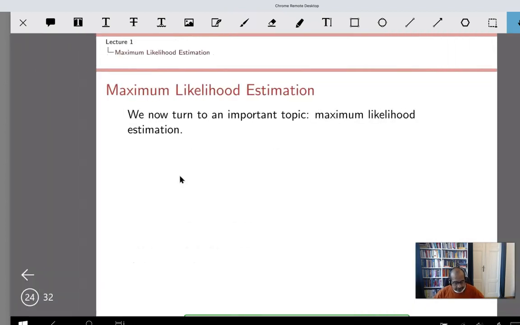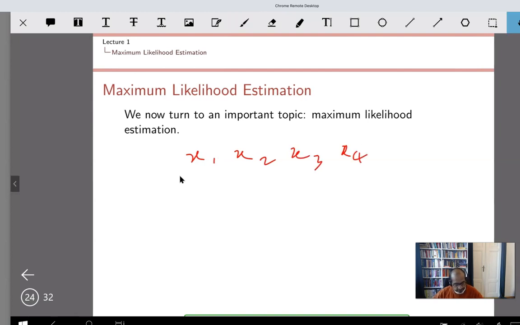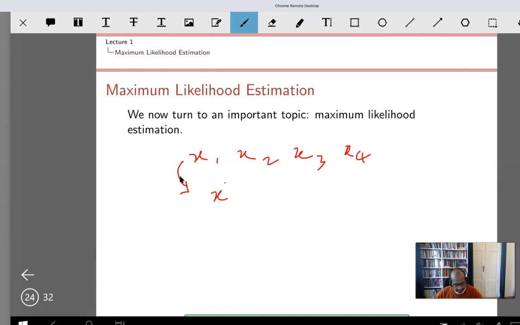So in practice, what we do with maximum likelihood estimation is that when we have some data, let's say I have some continuous data, I'll call this x1, x2, x3, x4, let's say I have 4 data points, right? Typically what I will do is I will calculate the sample mean, which I'm calling x bar, and the sample standard deviation, right?